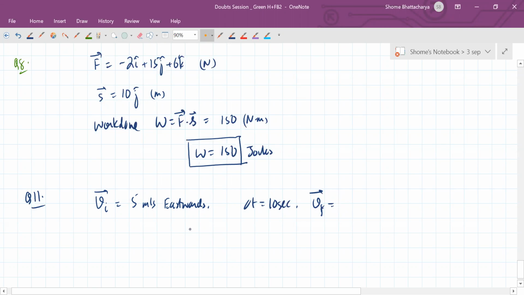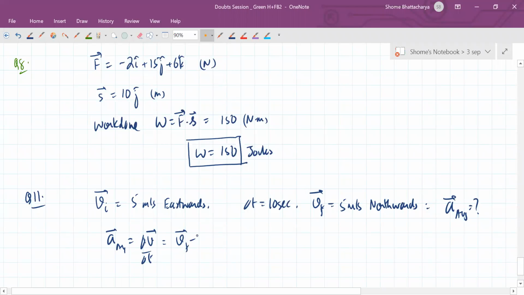So it changes from 5 meters per second eastwards to 5 meters per second northwards. So we have to find the average acceleration. Okay. So the average acceleration is just change in velocity upon change in time, or it is final velocity minus initial velocity divided by the time interval.